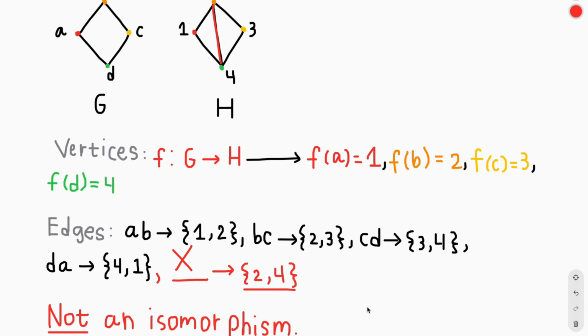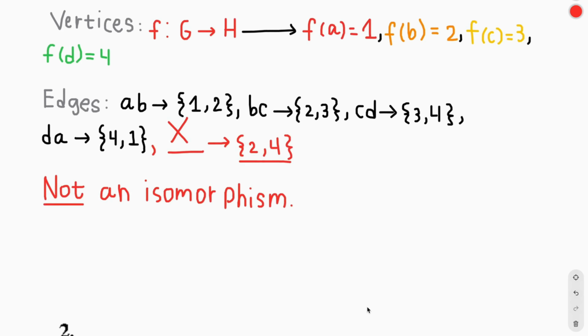But we had 4 edges in graph G and 5 edges in graph H, and as a result, we were left with our 5th edge not having a partner since there was not an equal number of edges in each graph. So one thing to keep in mind is that if you don't see an equal number of vertices or an equal number of edges when you first look at two graphs, you automatically know they are not isomorphic.